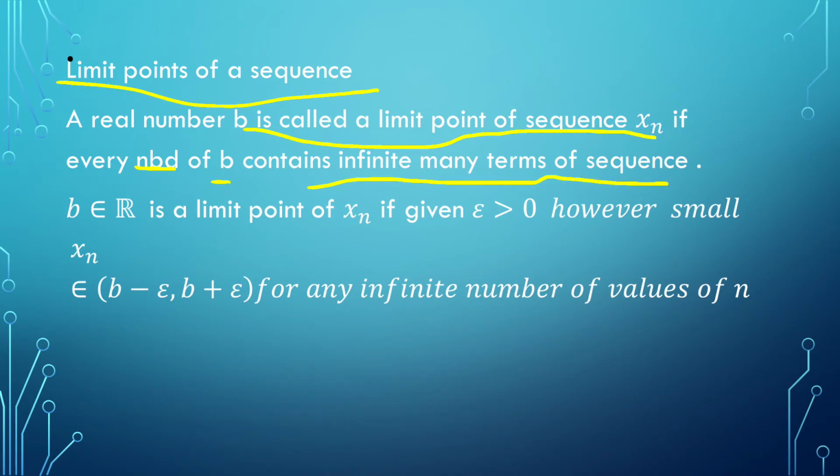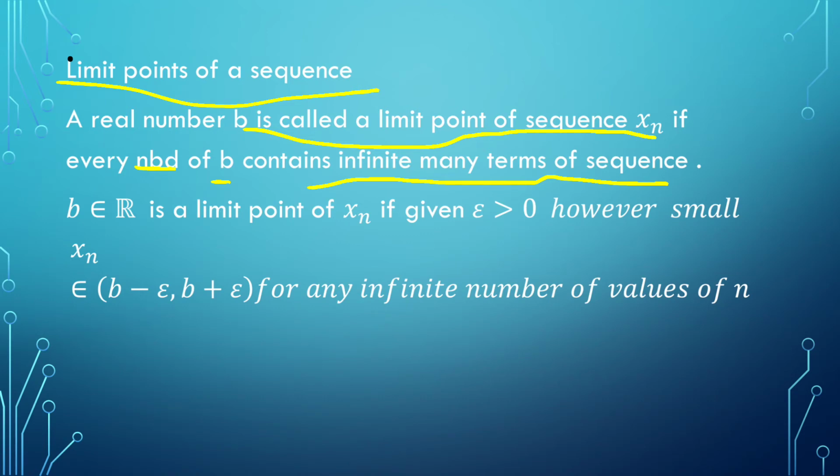If it happens that the neighborhood of b has infinitely many terms of the sequence, then this b qualifies to be a limit point of the sequence xn.